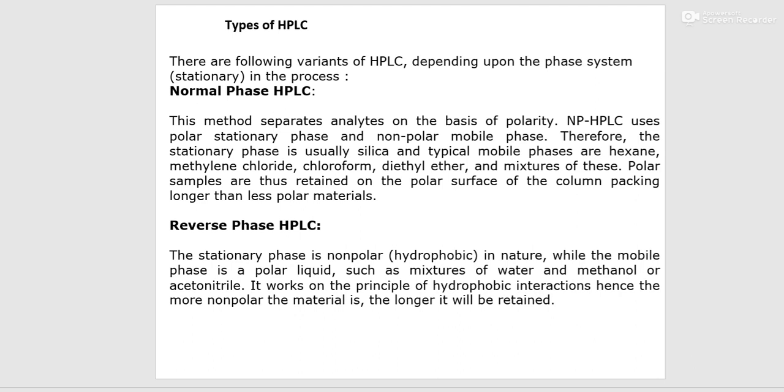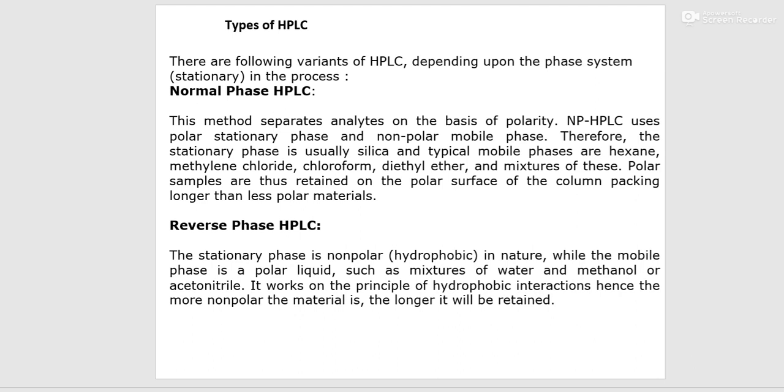So in normal phase HPLC, stationary phase will be polar, for example silica, cyano, amino. These types of stationary phases are used, and mobile phase will be non-polar, for example hexane, methylene chloride, chloroform, ether, sometimes IPA, isopropyl alcohol.